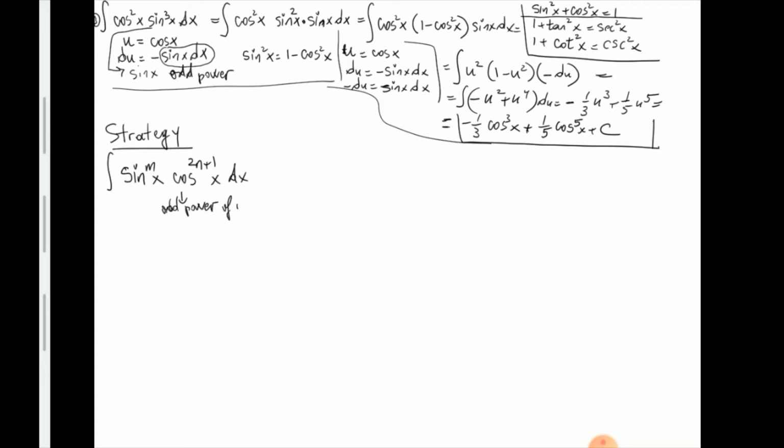of cosine, then the strategy is to break down the cosine by saving a cosine x separately, replacing cosine squared, so this is basically cosine squared x to the power n. It's an even power remaining once you move a cosine separately.